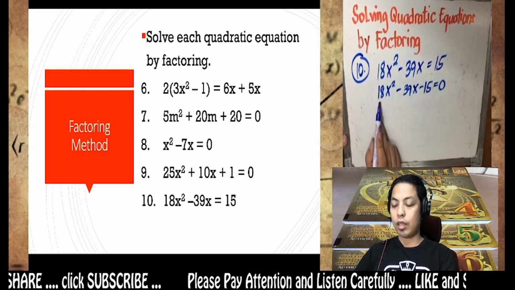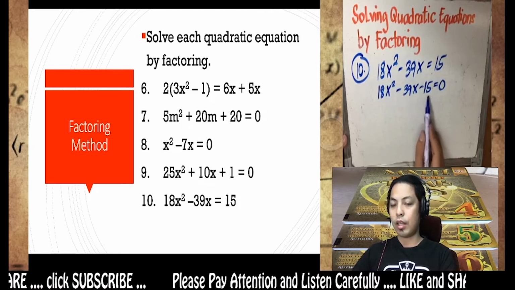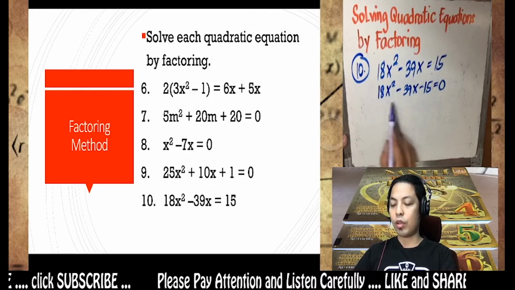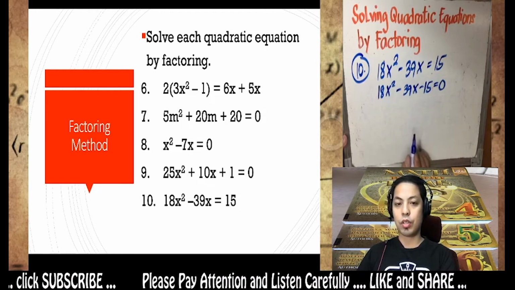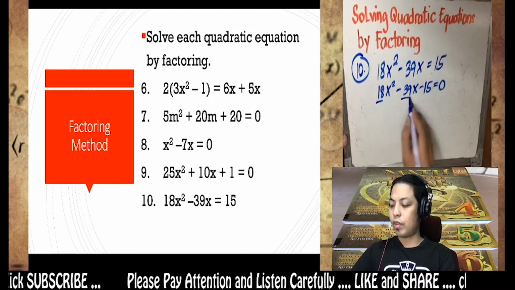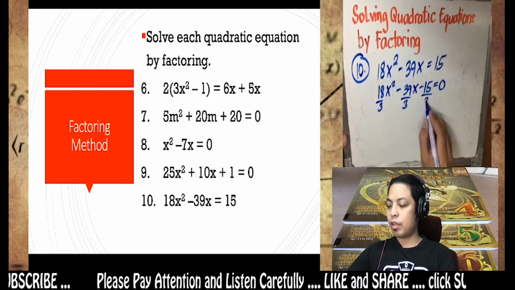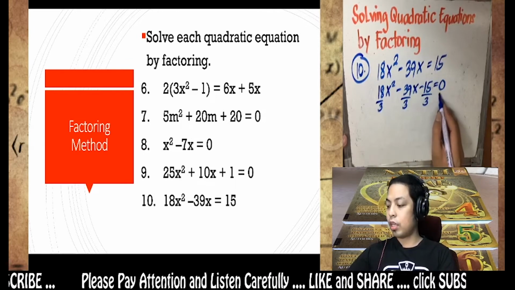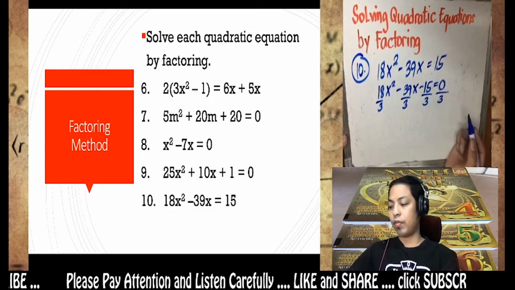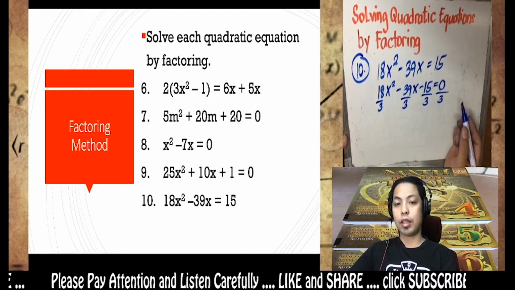Now, 18, negative 39, negative 15. What can you notice on that three numbers? They are all divisible by 3. So let's divide these three numbers by 3. And then let's divide 0 by 3.